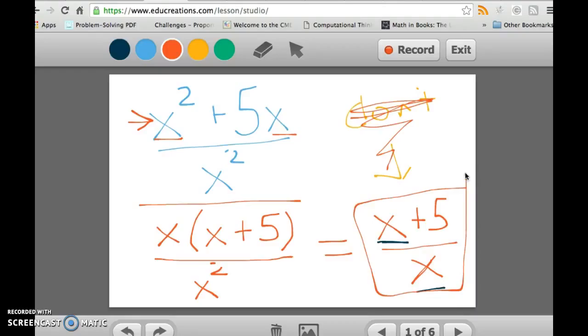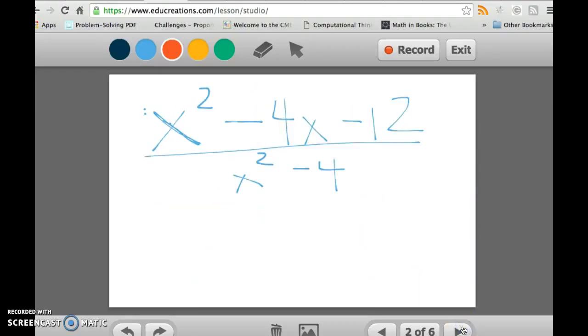That's simplified form. All right, it gets a little trickier with polynomials, but we just have to remember how to factor. I'm going to factor the top first. What multiplies to negative 12 and adds to negative 4? Why am I asking that?